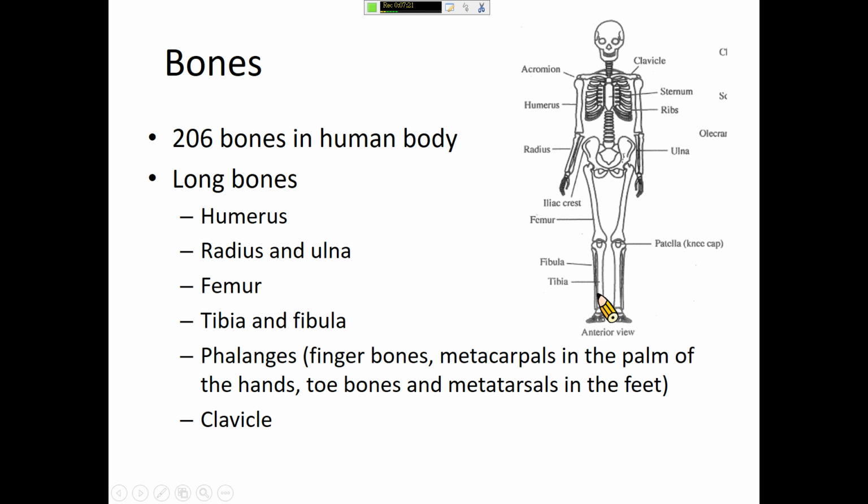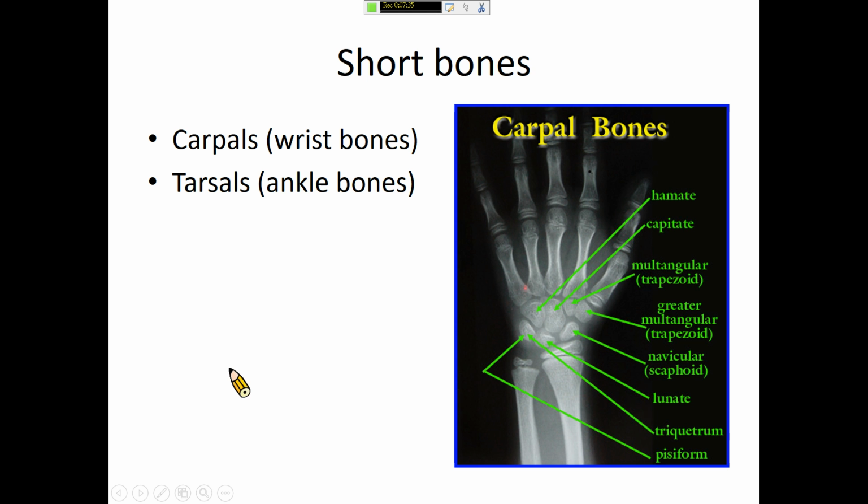These are long bones. And then we also have phalanges. These are finger bones. Phalanges are long bones. Finger bones, they're smaller, but the shape is still long.